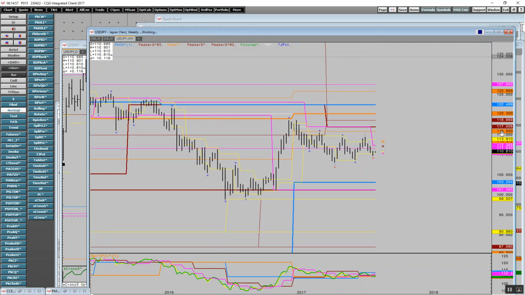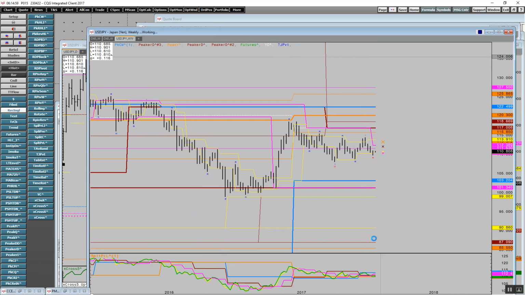Big picture, what's it telling you? Well, to me, it's telling me it's got rising semi-annual support, but it's becoming very congested in the short term. We've got rising long-term support on the one hand, but then falling monthly. So it does feel like it's compressing.